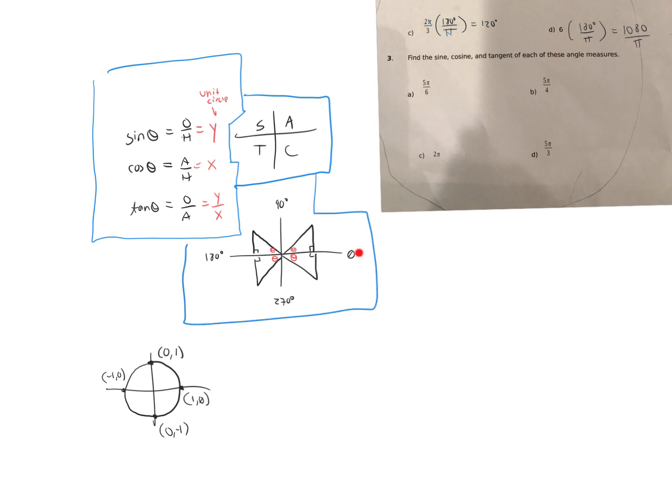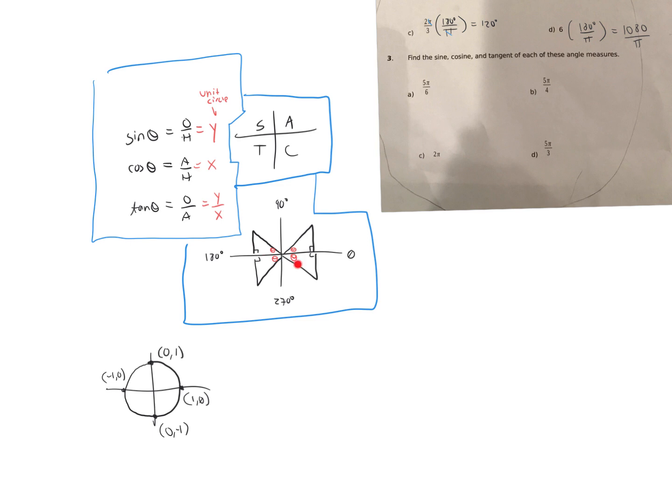Not only the angle measures of what I call the cardinal points, 0 degrees, 90 degrees, 180, and 270, but the fact that you're thinking of this bow tie, and when you're analyzing triangles on the XY coordinate plane, it's going to be a triangle that looks like this, this, this, or this.